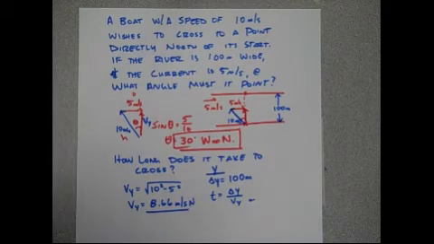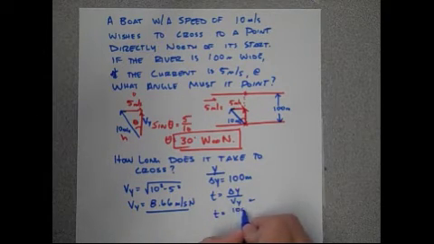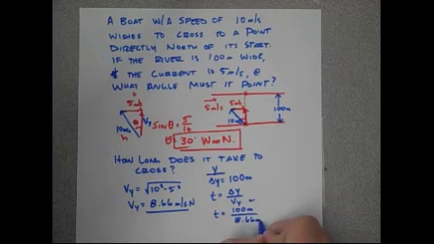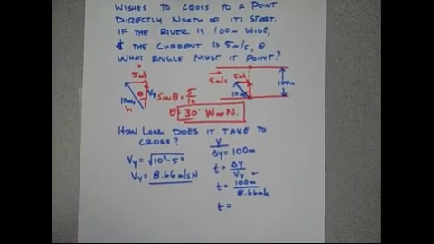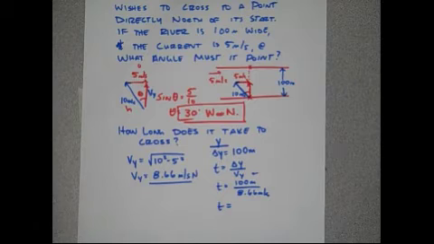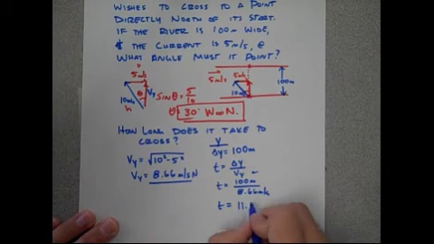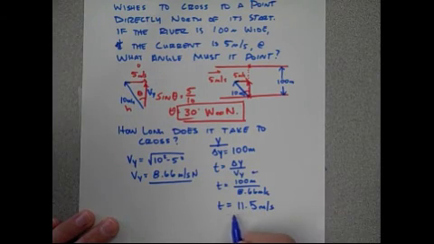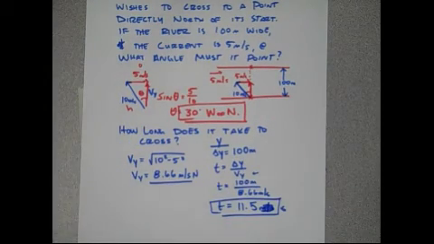So we're going to take that and use it here and say that our time is 100 meters divided by 8.66 meters per second. So that time comes out to be 11.5 seconds.